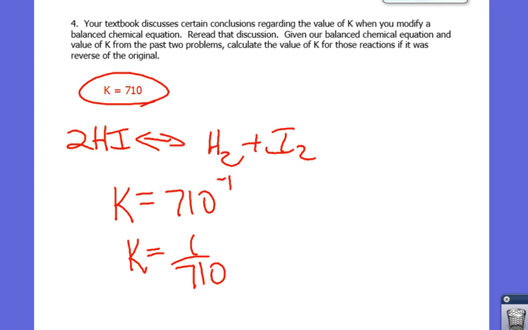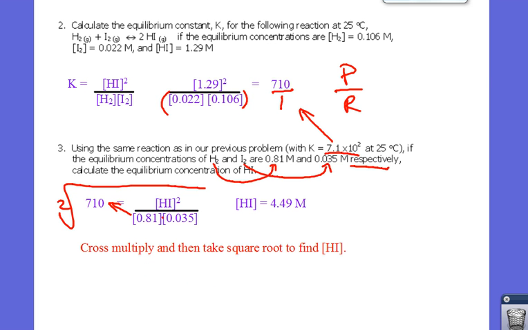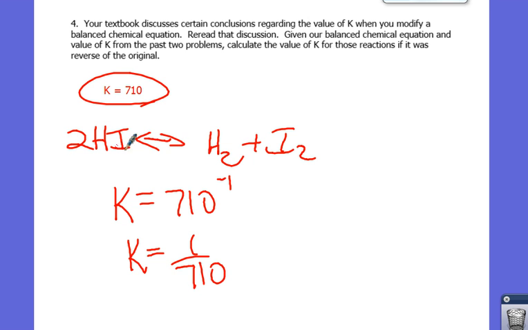What if you're working with the reverse reaction? Well, let's just remember this reaction here had a constant of 710. H2 + I2 makes 2HI, 710. Well, that is the products over the reactants, 710 over 1. If the reaction is reversed, 710 is no longer true. It's now the reverse reaction.